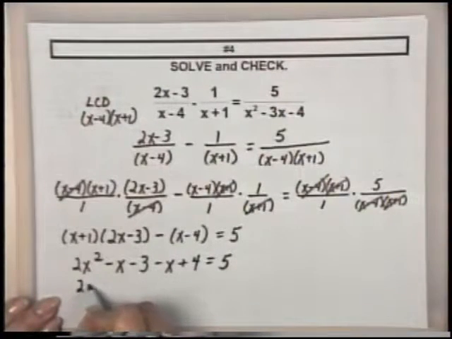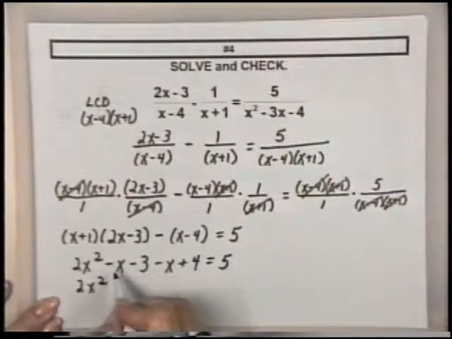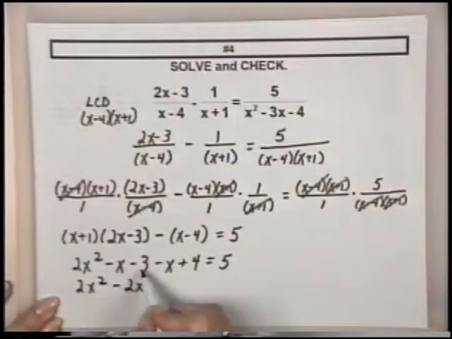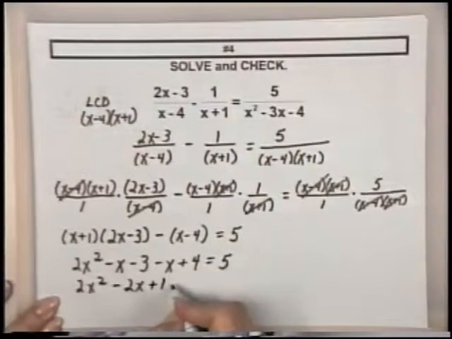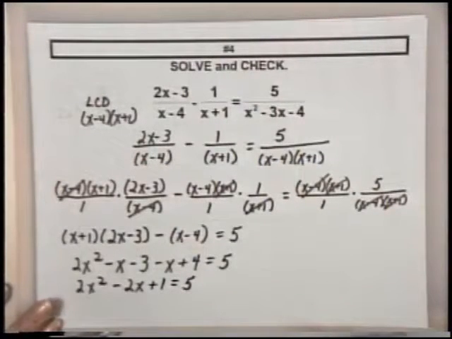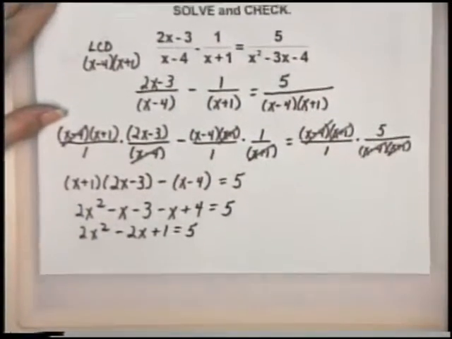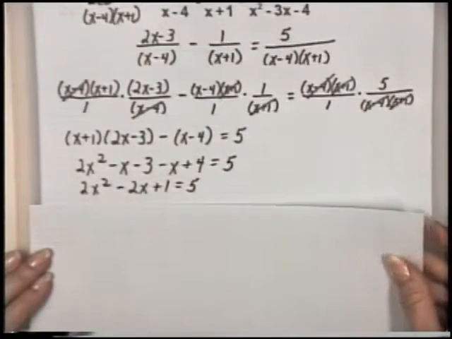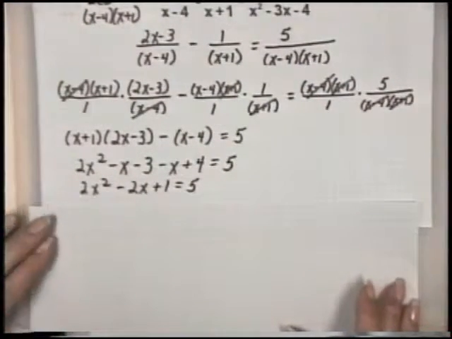Let's combine like terms. I have 2x squared minus x is minus 2x. Minus 3 plus 4 will give me plus 1 equals 5. My resulting equation after multiplying through by the LCD is quadratic. I want to write it in standard form and see if I can factor it.